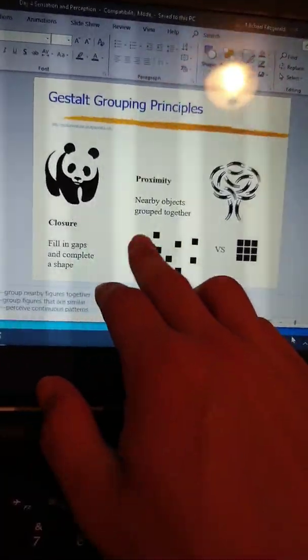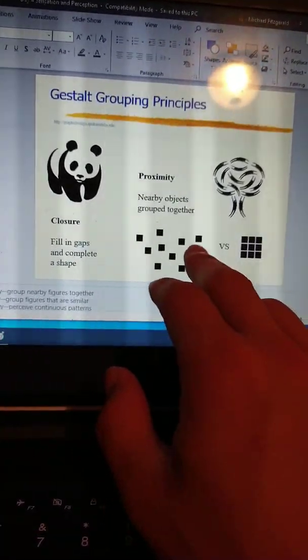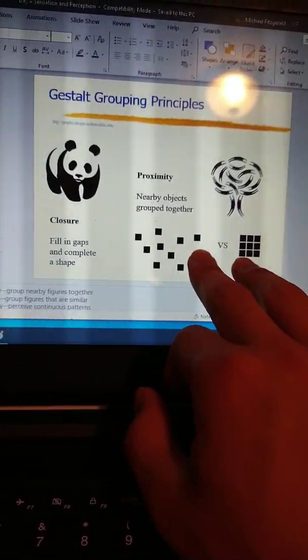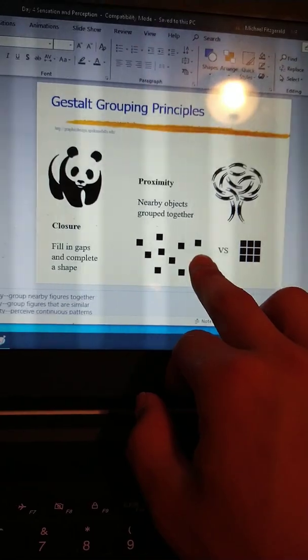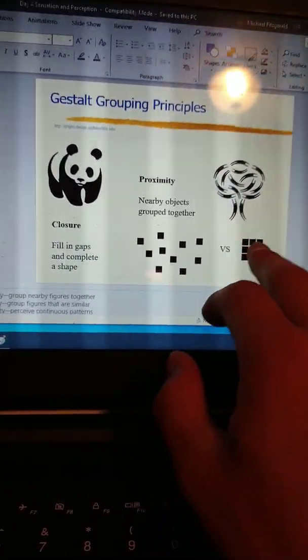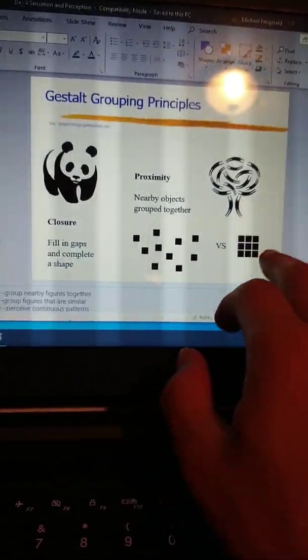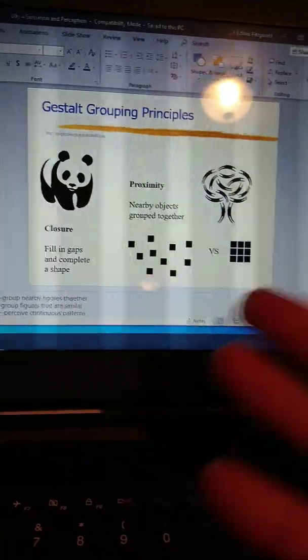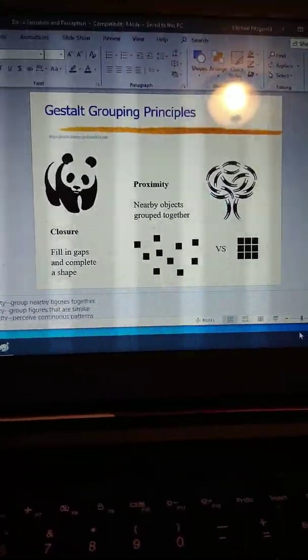This is 1, 2, 3, 4, 5, 6, 7, 8, 9, 10. There should only be 9, but they're 9 individual pieces of information. Over here, it's 1, 2, 3, 4, 5, 6, 7, 8, 9 pieces of information, but we see this as one cube or one piece. So the idea of grouping principles.